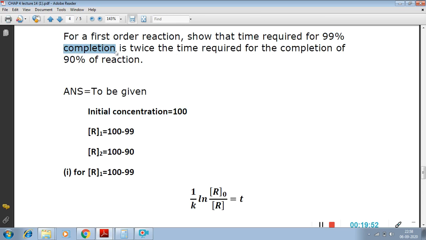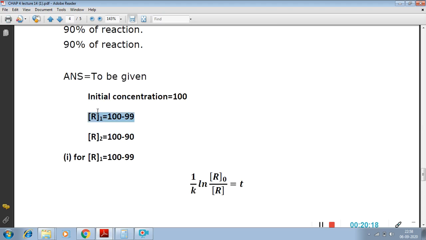So out of that 100 molecules, suppose 99 molecules are converted into product, so only one molecule will remain as reactant in the reaction mixture. So R1 is 100 minus 99, that is one molecule only.